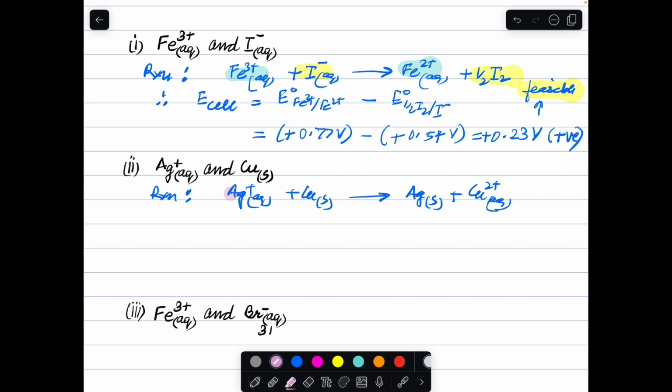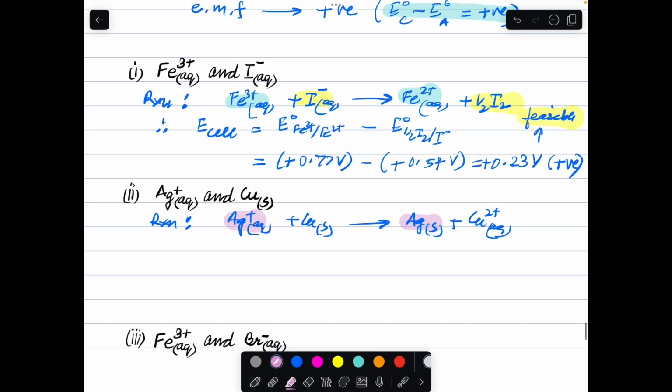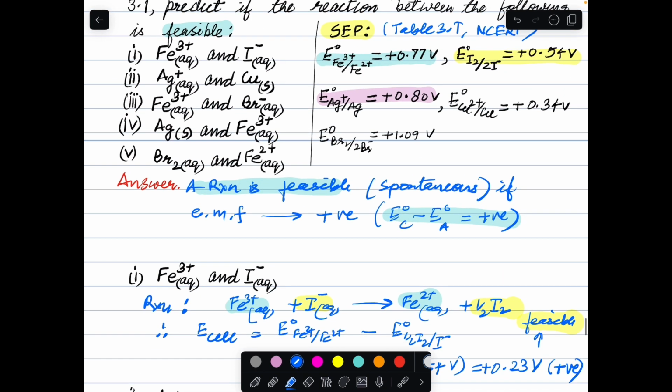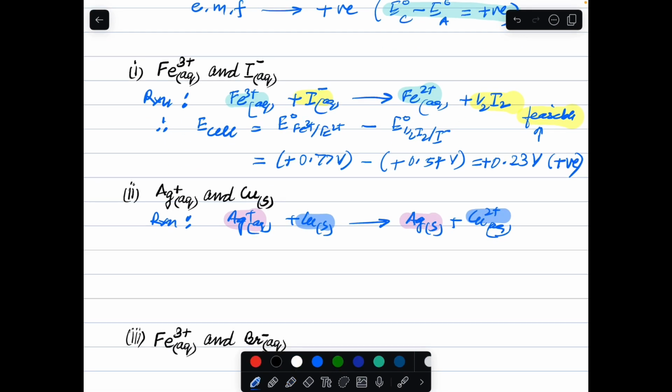So here silver ion to silver metal is the reduction, and this is the value for your electrode potential, and the second one, copper to copper ion, is the oxidation, and so therefore this is the value in this case.